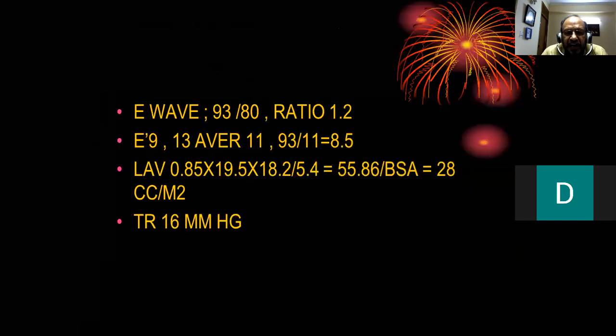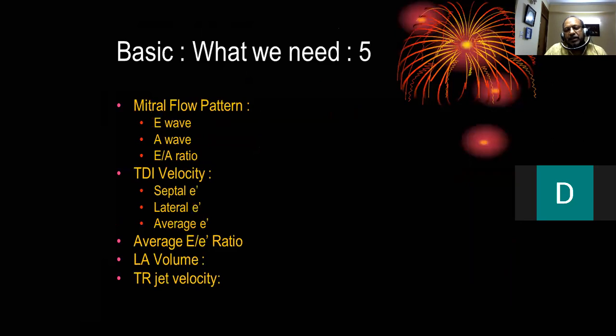So if we are talking of normal circumstances in 2020, what we are looking at is the E/A ratio, tissue Doppler imaging, average E to E prime ratio, LA volume and TR jet velocity.